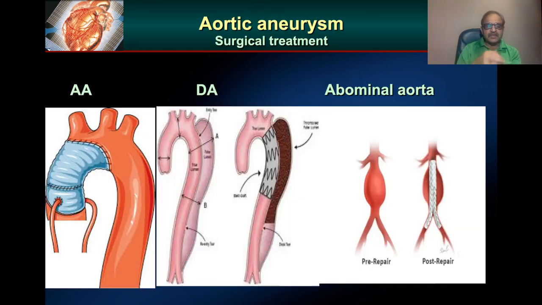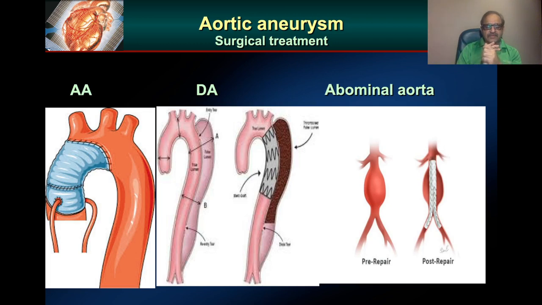You can see nicely in this picture on the left side a repair of ascending aortic aneurysm, in the middle repair of descending aortic aneurysm, and on the right side a repair of abdominal aortic aneurysm with surgery.